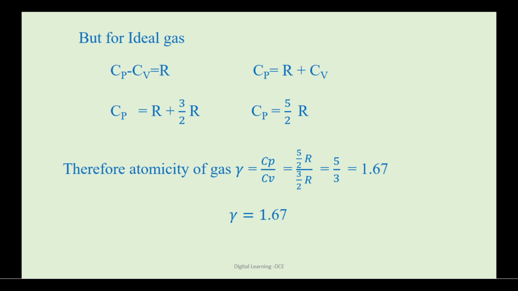On further simplifying, we get 1.67. So this value gives the atomicity of monoatomic gas molecules.